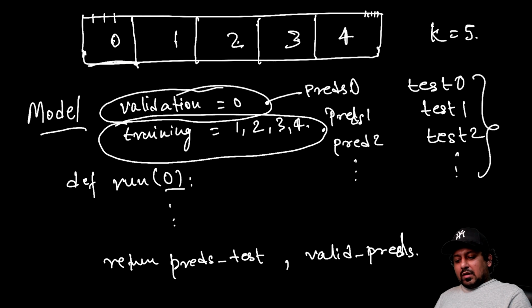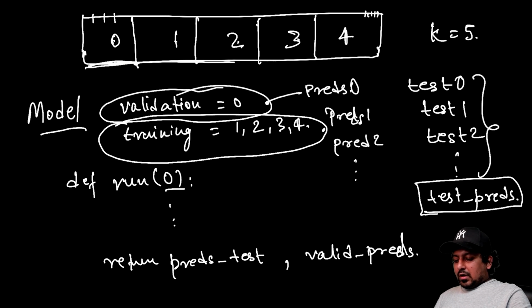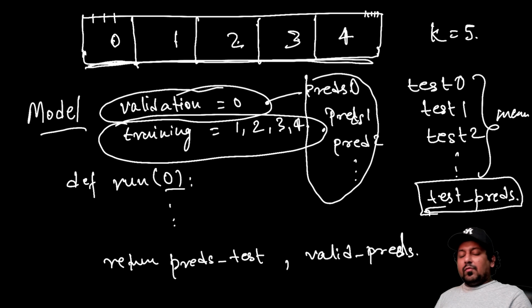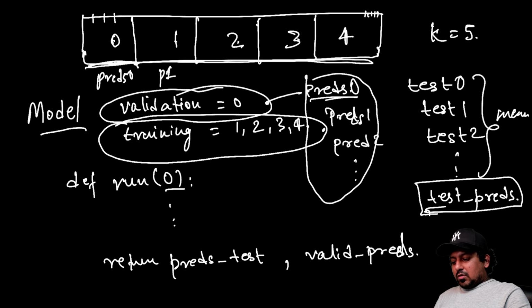We can average these and call these test preds: given a model and the k-fold data that you have created, test preds by taking the mean of the predictions from each fold. And this is what we have been submitting to the competition at the moment. But we also have this, and we have been ignoring it. So pred 0 is the prediction for the 0th fold, and then you have preds 1, so let's call it P1, P2, P3, and P4.